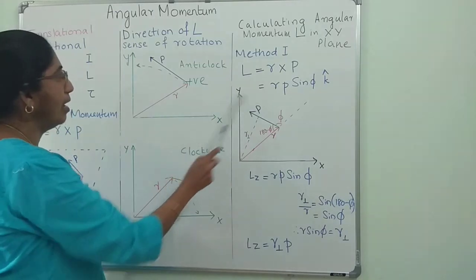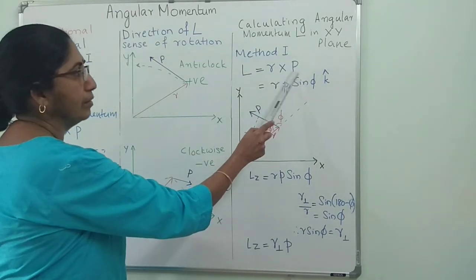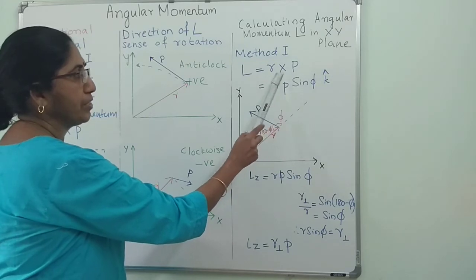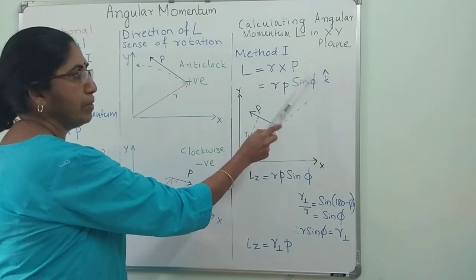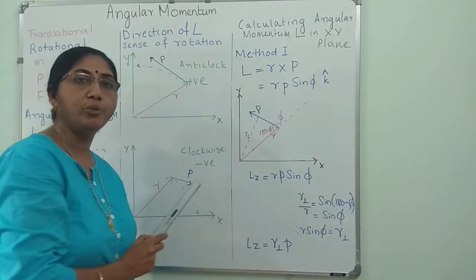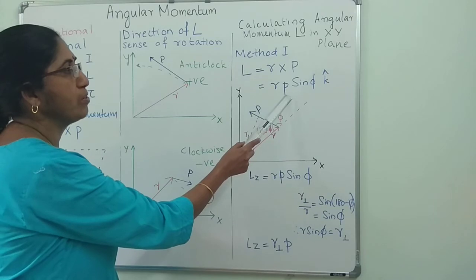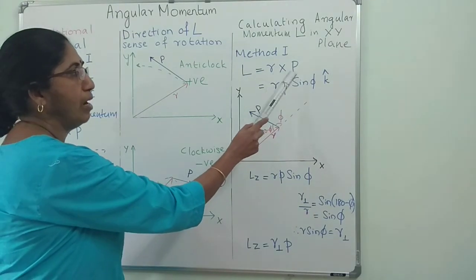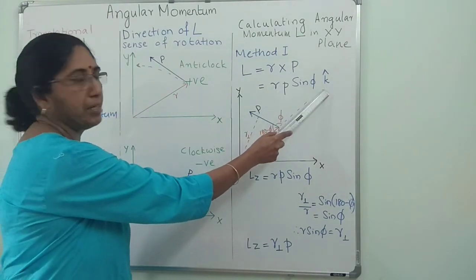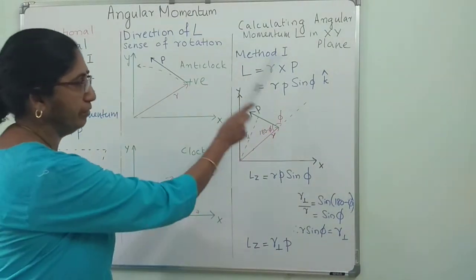R and P are in the xy plane. So definitely the cross product will be in a direction perpendicular to R and P, which is in the z direction. k cap is the unit vector in the z direction. So this is modulus of R, modulus of P, sine of the angle between R and P, into the unit vector along the z direction. So this is by definition itself.